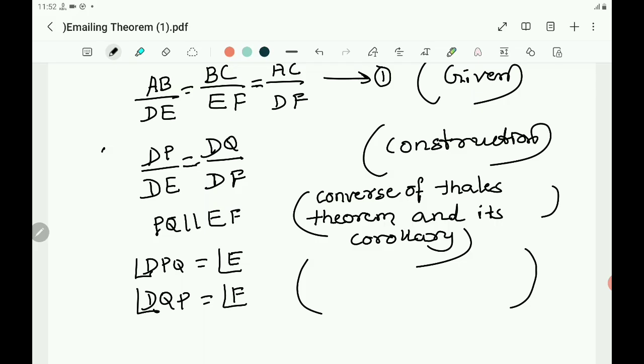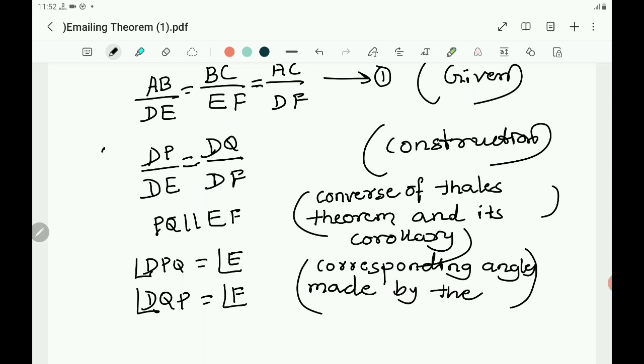So, write corresponding angles made by transversal of parallel lines, PQ parallel to EF.